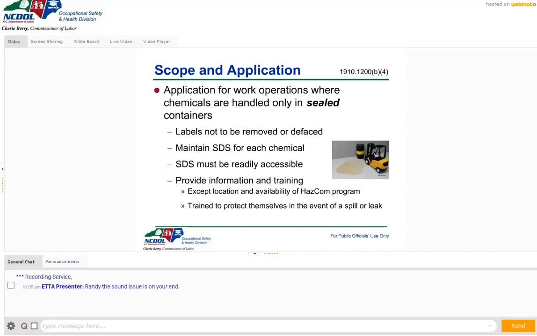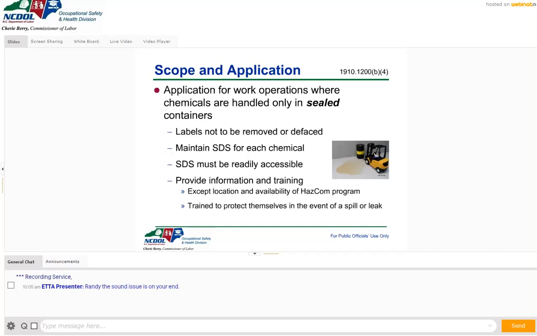Now, if that's the case, this slide applies to you. You're not going to mess with any of the labeling on your chemical containers. You're going to maintain the safety data sheets, make those accessible, and you're going to provide training. And in that case, you're not even going to have a written HAZCOM program.